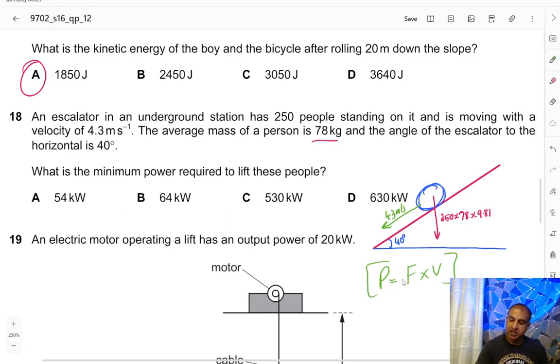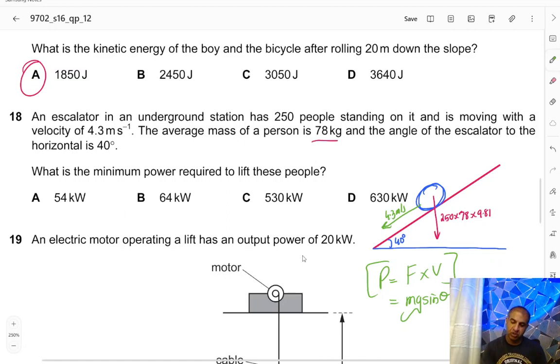So if it is rolling down, we can find the force that is carrying it downward, since there is no reverse force. The force carrying it down is the component of the weight down the slope, and that is always mg sine theta, multiplied by v. You need to refer to some of my other videos to understand why this is the component, but just memorize it for now.